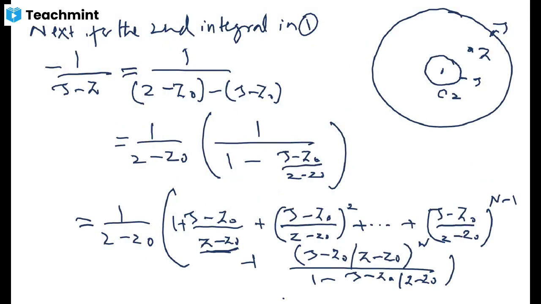Okay, let me write what this qn is, where qn is equal to 1 upon 2 pi i.